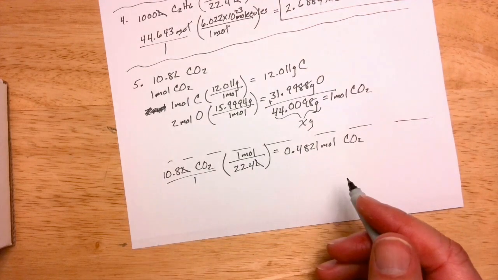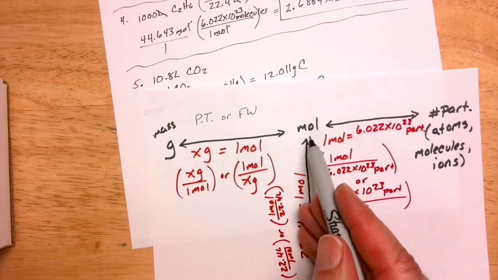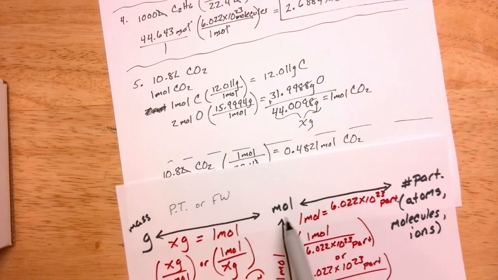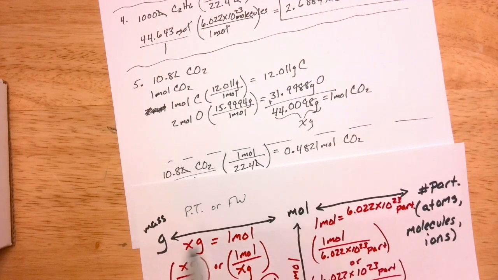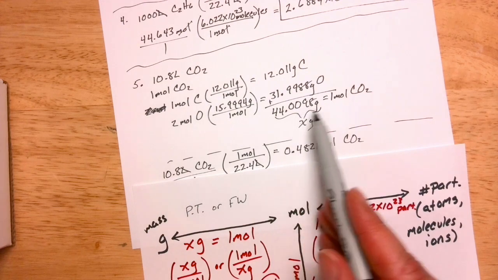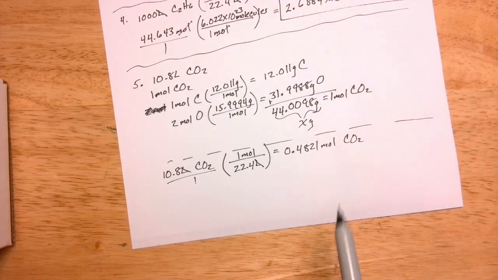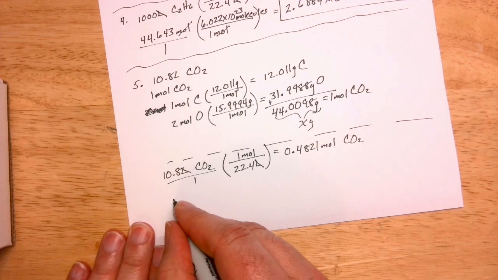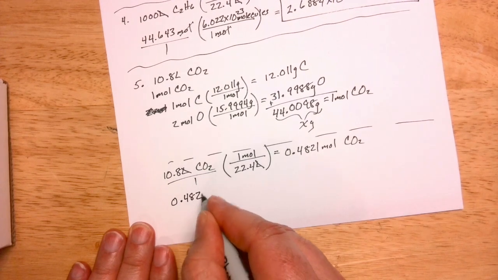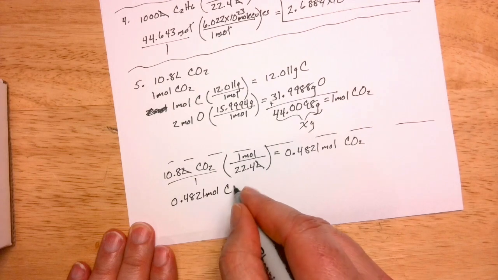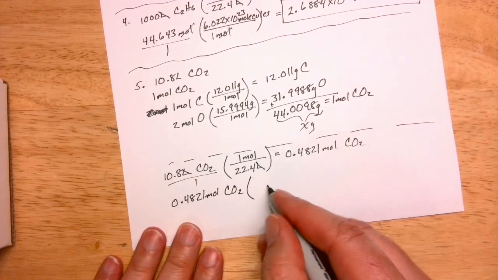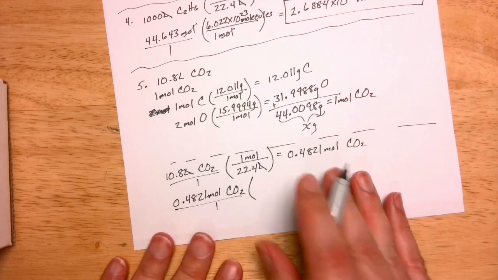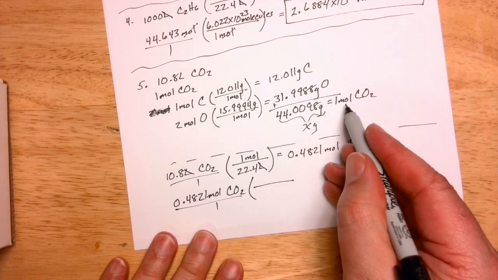So now we're trying to find out how many grams, what is the mass of it. We got the moles, 0.4821. Now I can use that information to solve for how many grams we have. But we need to use the formula weight, which is up here. So let me rewrite this: 0.4821 moles of CO2. Since this is all over 1, I'll use this information up here.